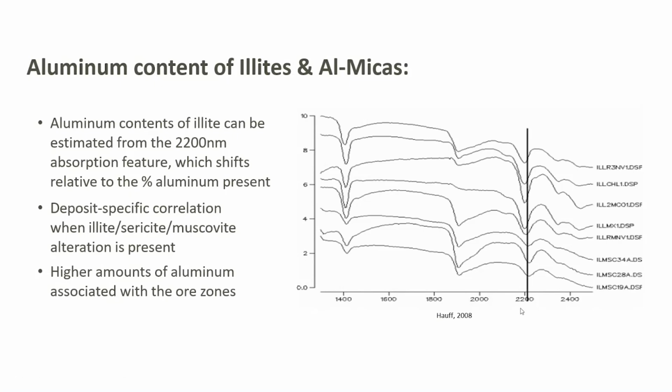Essentially, this application is going to be very good for deposit-specific correlation, in that when illite, sericite, and muscovite alteration is present, there are going to be higher amounts of aluminum apparently associated with the ore zones. So with this application in particular, we are going to be focusing on how this feature at 2200 nanometers is shifting to the left or to the right, and that can help us decide what type of white mica we have.